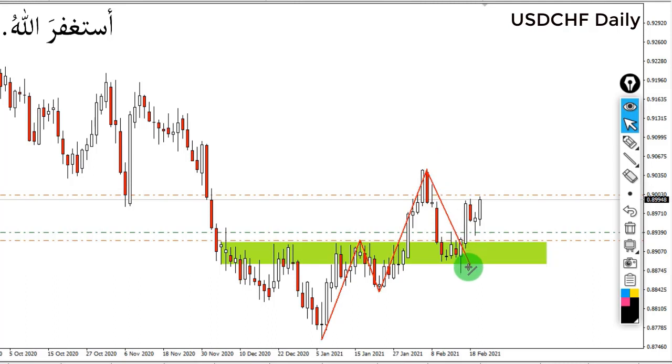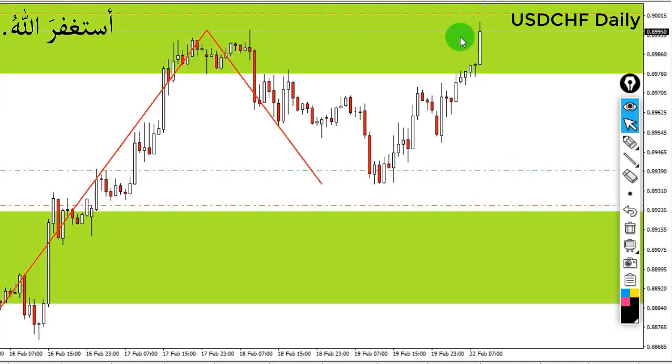Market was dropping down, then went upside. We got a new supply zone here. On this supply zone, the market dropped down, and I dropped down to the H1 time frame.